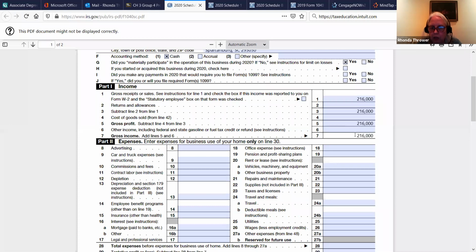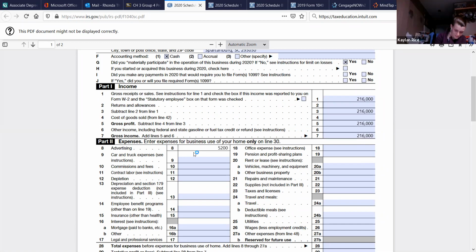Does that make sense? Then look on your income statement. Look under operating expenses. Do you see something for advertising that would be given? Yes. 5,200. And the amount's 5,200.